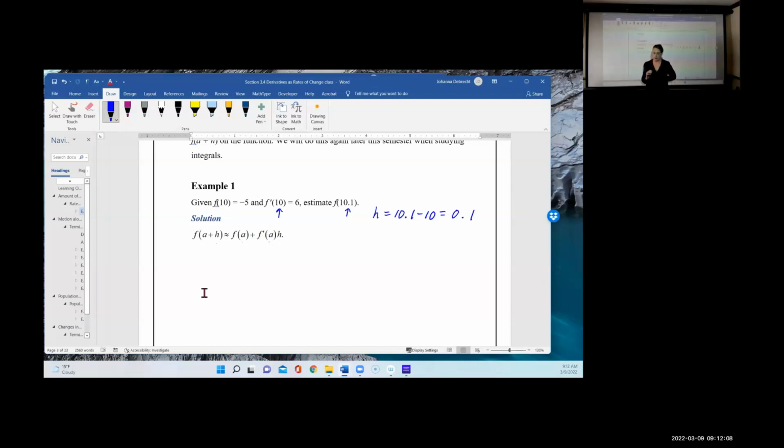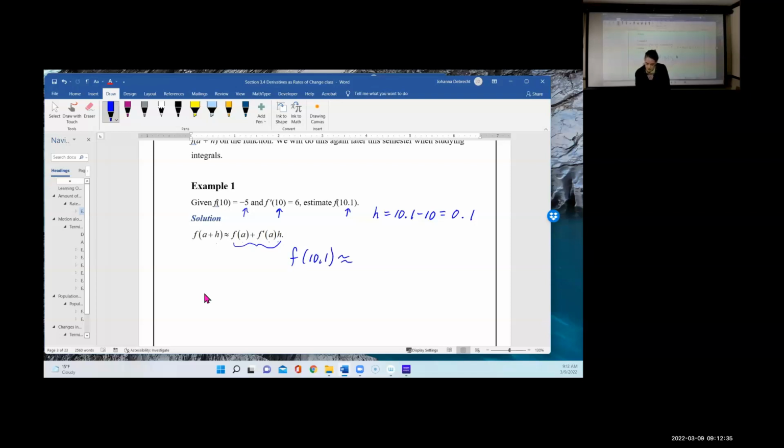All right, so we've moved over just a small amount. F of a is given to us as -5. And we're also given the slope at the point x equal 10 as 6. So we can use this part of the formula to approximate f of 10.1.